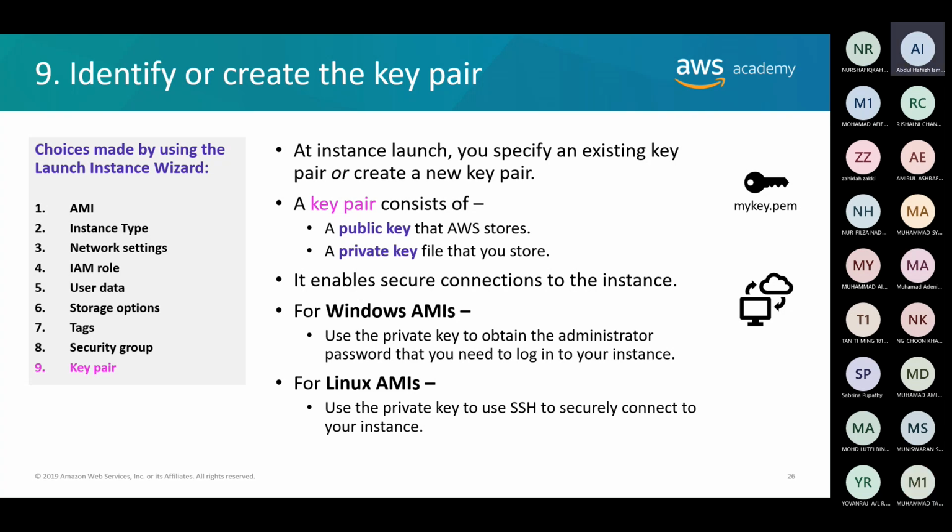If you then choose launch, then a dialog asks you to choose an existing key pair, proceed without a key pair, or create a new key pair before you can choose launch instances and create the EC2 instance.